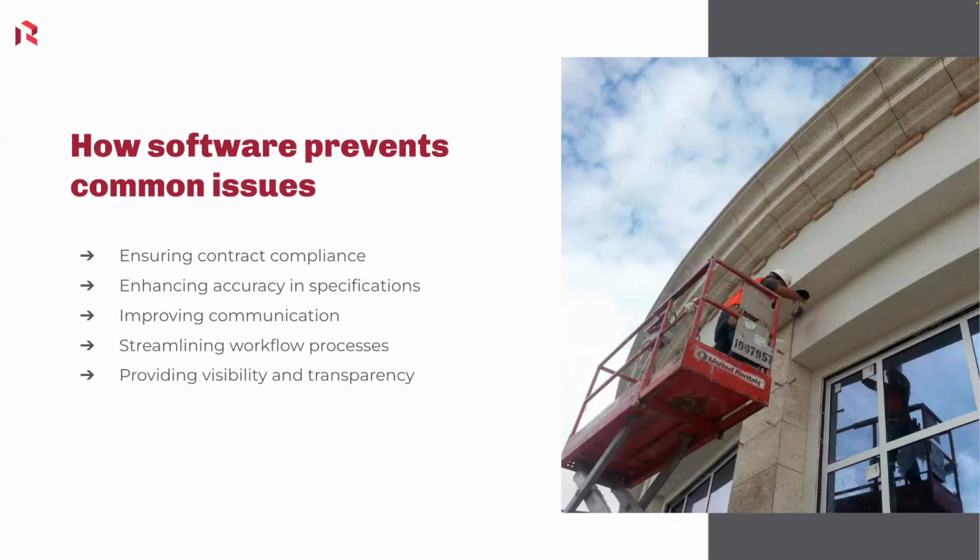Enhancing the accuracy in specifications, improving communication, all communication: job site communication, interoffice communication, communication with third parties. We've got all kinds of communication challenges during the process of a project. Streamlining workflows, getting some more efficient processes in place, and then providing some visibility and transparency for all parties involved.